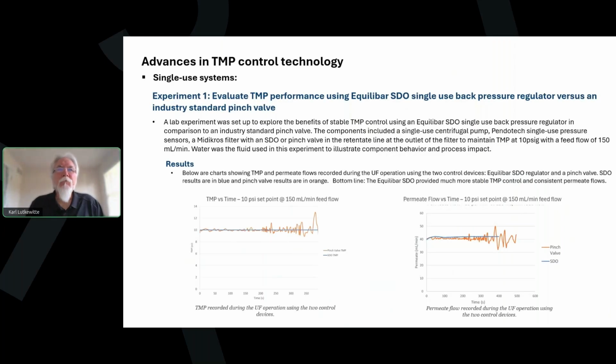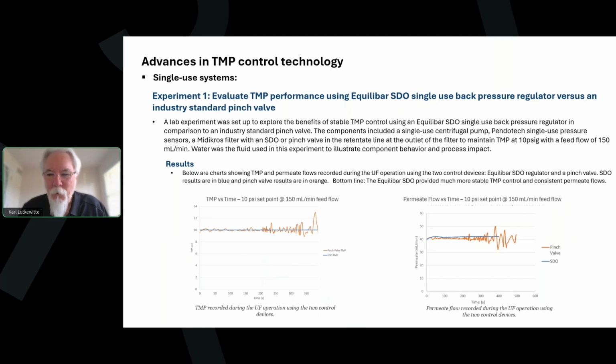So I mentioned earlier that we've done testing. Equilibar's done testing for years and years, several years of testing on TFF. And I'm going to share one experiment that we did in-house with you. This was to evaluate the TMP performance of the SDO and compare its performance versus industry standard pinch valves.